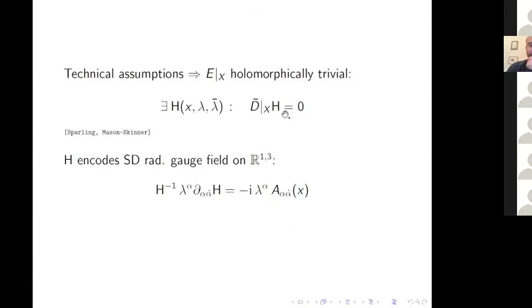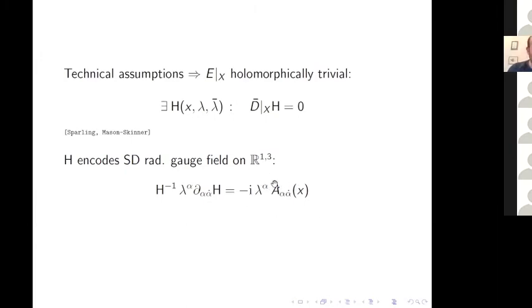But this frame, this holomorphic frame H, is the thing that encodes the space-time degrees of freedom of the gauge field. In particular, if you form this combination of H inverse, and then hit that against a differential operator, lambda^alpha times a space-time derivative, d by dx^{alpha alpha-dot}, where x^{alpha alpha-dot} are the coordinates on Minkowski space, operating on another copy of H, Liouville's theorem essentially tells you that it has to be proportional to lambda^alpha contracted into some object that only depends on x.